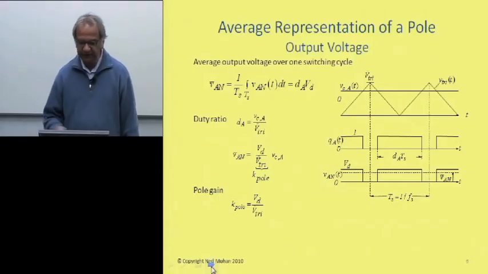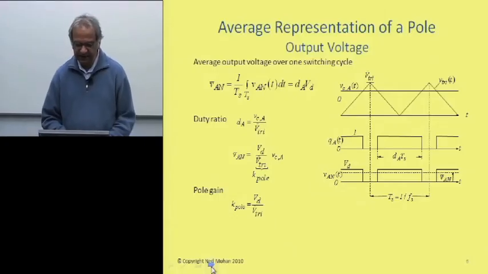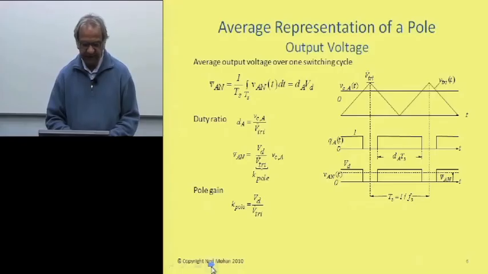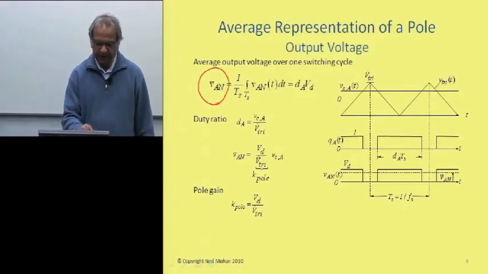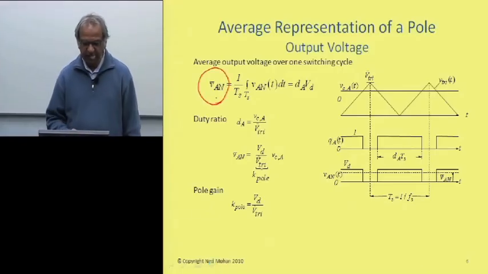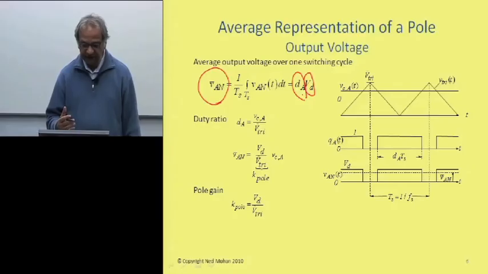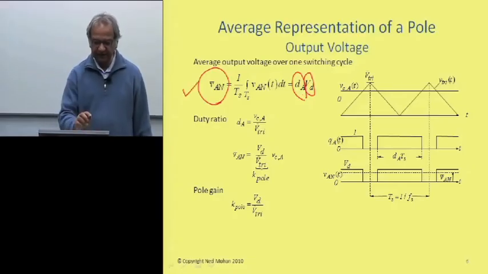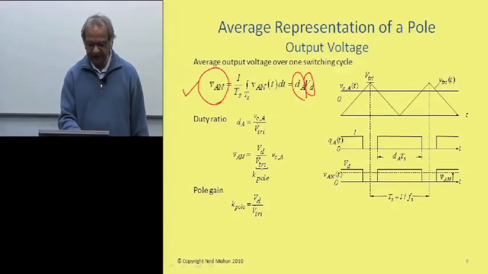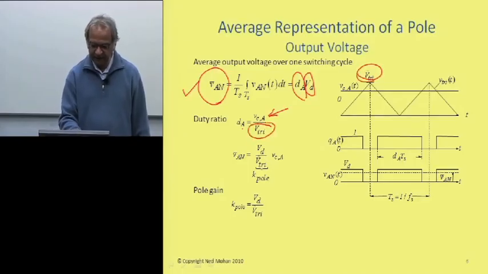So it's very easy to see that in this type of comparison here, the average voltage across the current port would be equal to the input DC voltage coming in times the duty ratio of the switch. And by controlling this duty ratio, we can then control this average value here. And this duty ratio here is the control voltage divided by this peak value of the triangular waveform here.